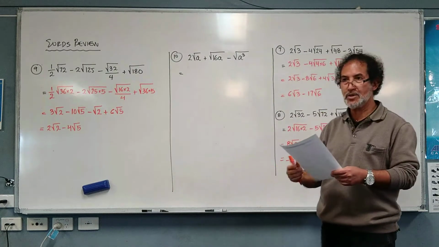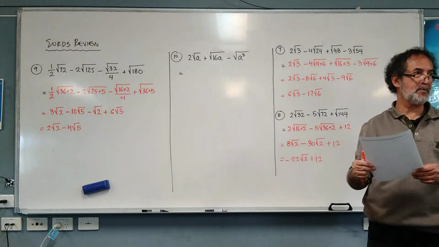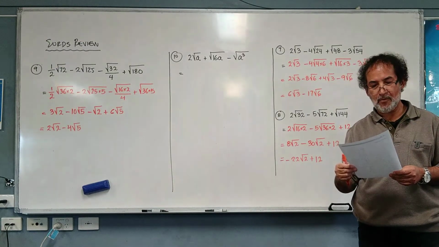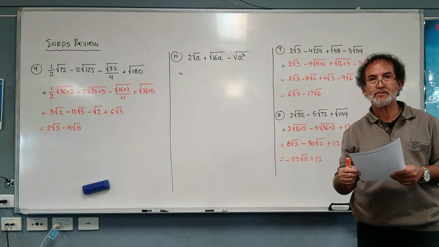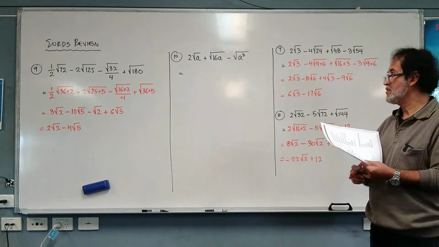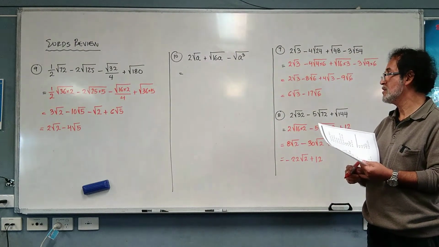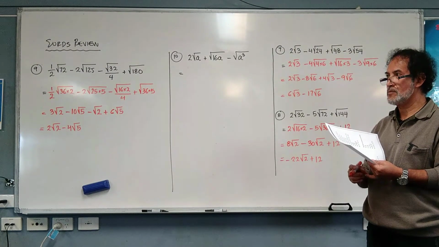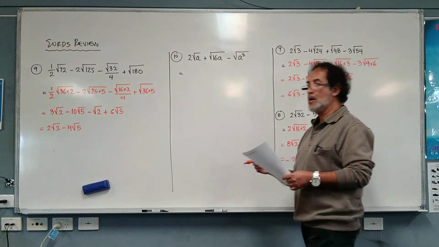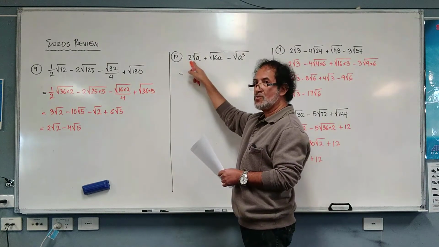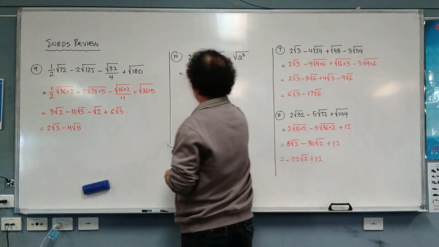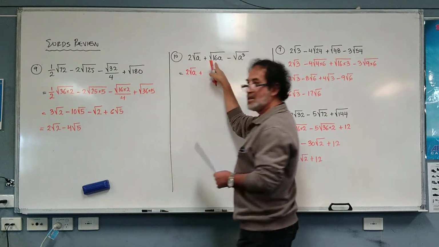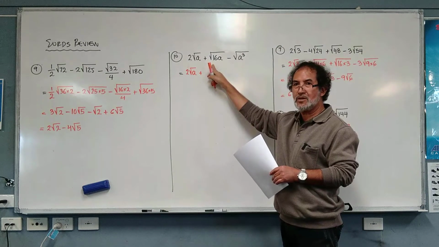All right. Okay. Can you please copy the question? There's nothing we can do with 2 square root of a, so we just leave it like that. But in here we can simplify the square root of 16, which is 4.